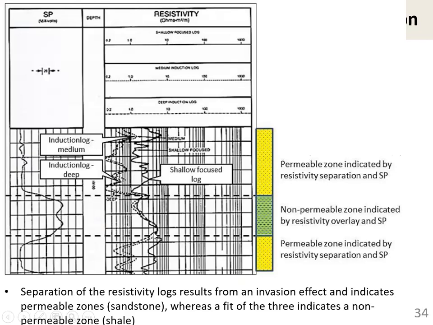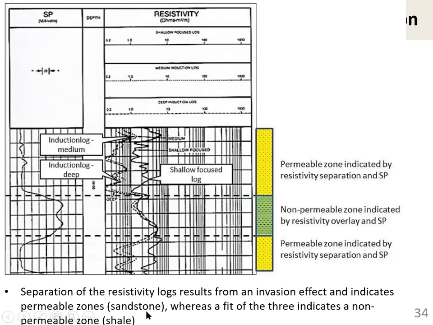You see that the resistivity curves overlie, but here where you're having good separation, this is a permeable zone indicated by the resistivity separation, and of course, in this case, the SP log. So separation of the resistivity logs results from an invasion effect and indicates permeable zones.